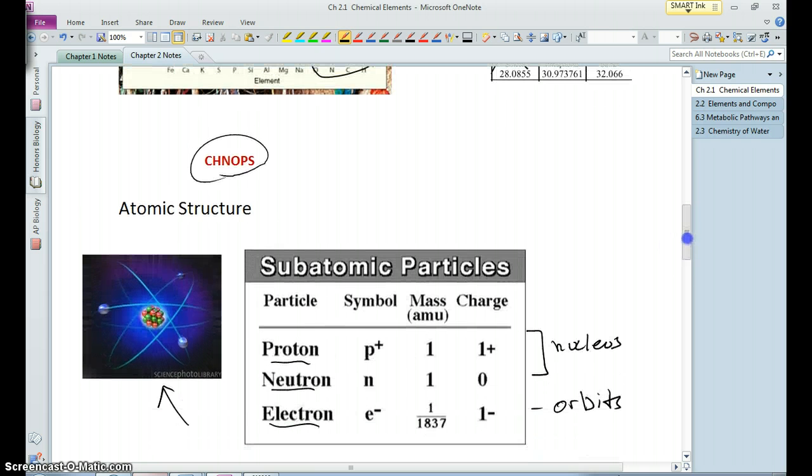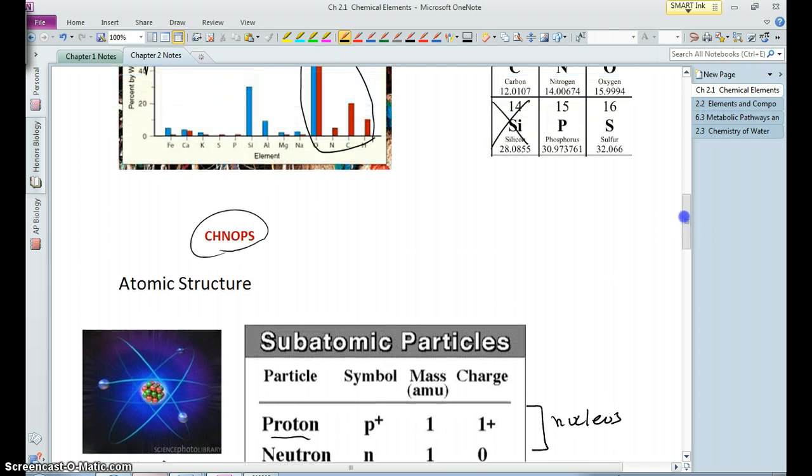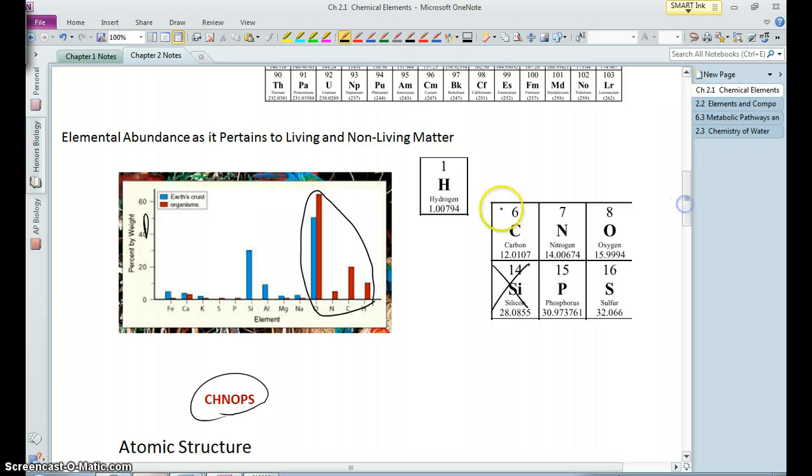And so which of these three is it that sort of determines the type of element that you have? Well, perhaps you remember it's the number of protons, and so what we see is the atomic number here, 1 for hydrogen, 6 for carbon, 7 for nitrogen, etc. That's the atomic number, the number of protons.